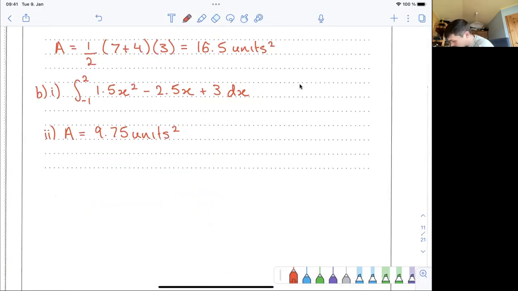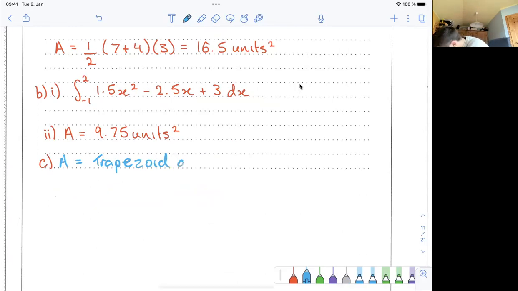And so for C, the area is equal to trapezium. Or we'll say trapezoid, right? Because that's how IB calls these shapes.